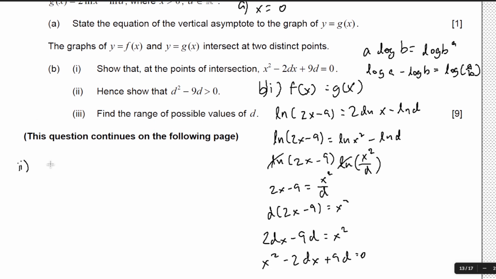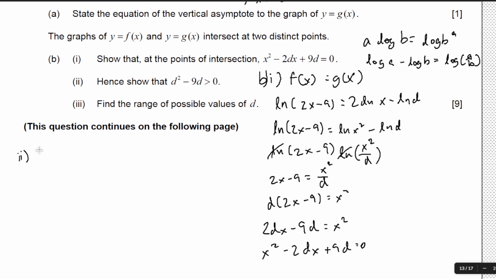Now, d squared minus 9d is greater than 0. We can already see from here that it is a discriminant. The discriminant is b squared minus 4ac. To make it easier, a is this value right here, this value here is b, and this value is c.